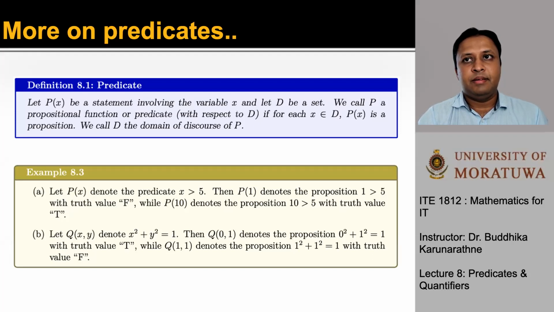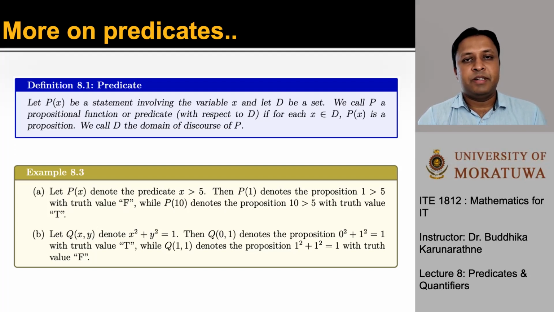We'll take an example to understand it better. Part A, let P(x) denote a predicate x greater than 5. Then P(1) denotes the proposition 1 greater than 5, which is false, and the truth value becomes F. While P(10) denotes the proposition 10 greater than 5 with truth value true, because the statement becomes true in that scenario. Next example, let Q(x,y) denote x squared plus y squared equal to 1.